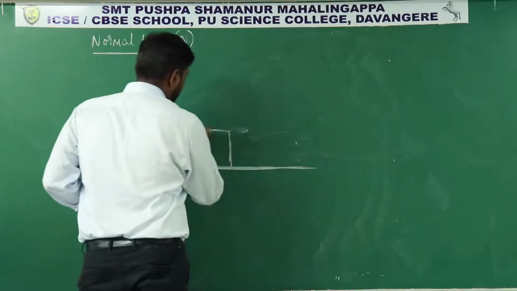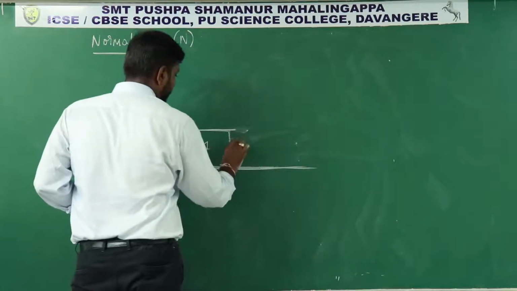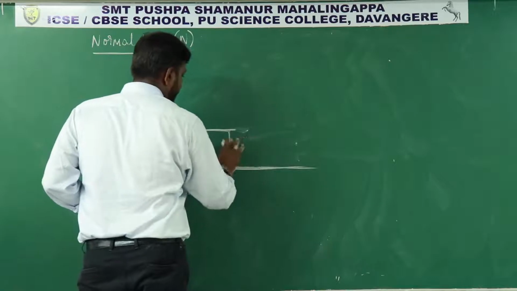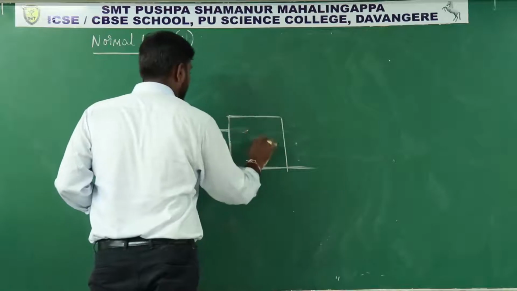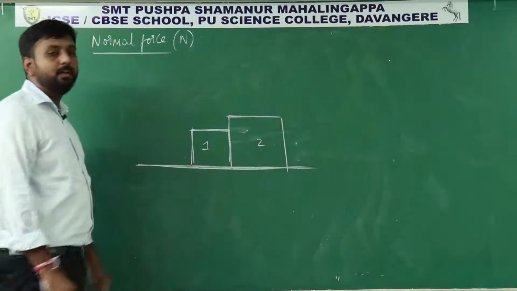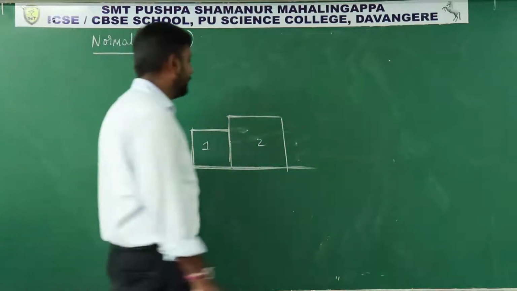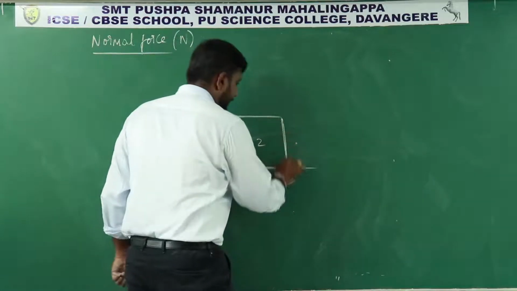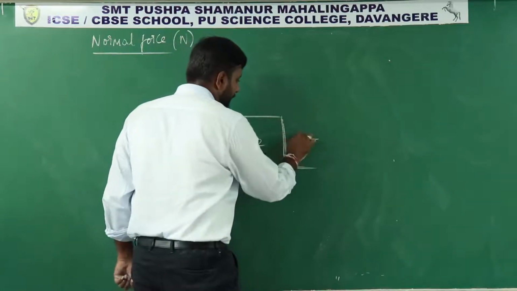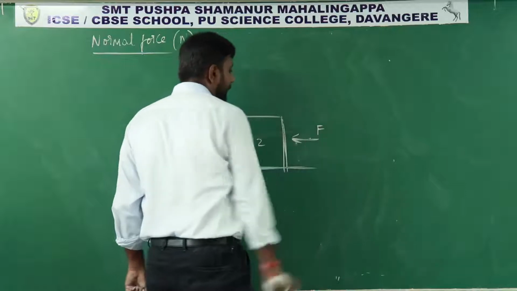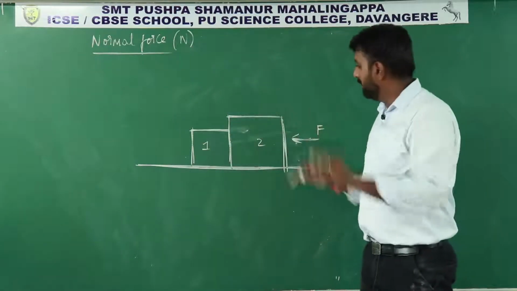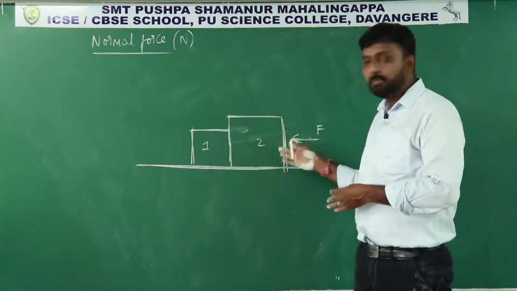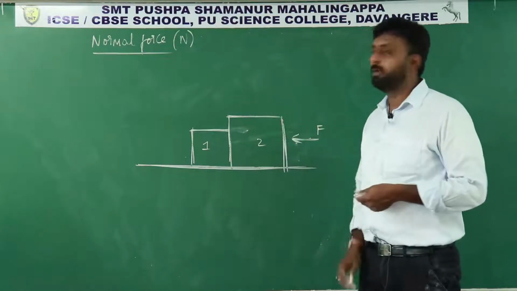Okay, this is the first block and this is the second block. There are two blocks. So here you are applying some force in this direction. You are pushing the second block. Then the second block will push the first block.